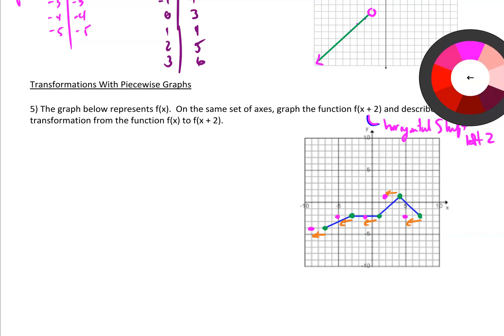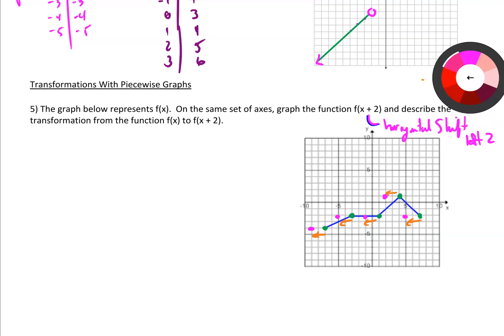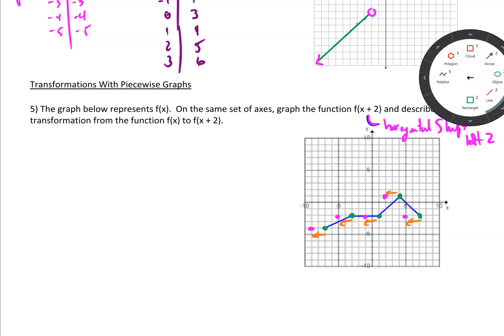Let's see, I did pink, right? So connect all of them now.